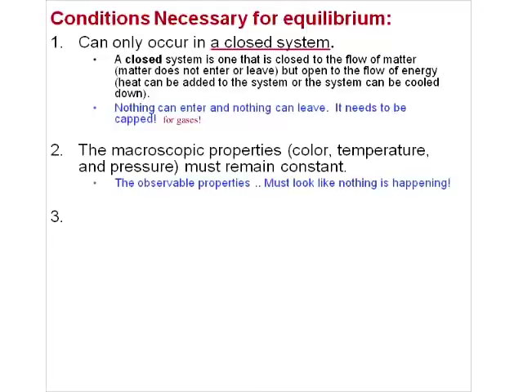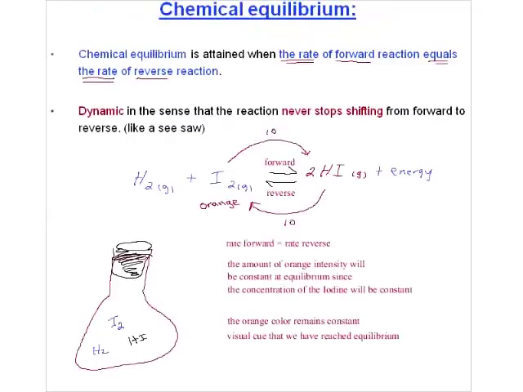Other things that we can look at that have to be constant would be the temperature. If a chemical reaction was endothermic or exothermic, as this reaction goes forward, it's producing heat. The more it goes forward, the hotter it's going to get. So if the temperature is going up, then the reaction is moving forward. If the temperature is going down, then the reaction is going in reverse.